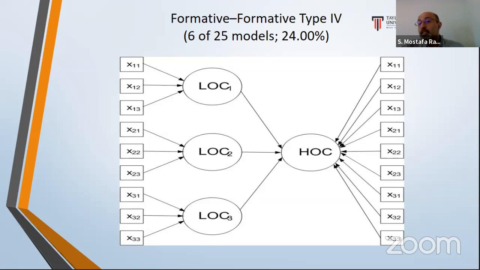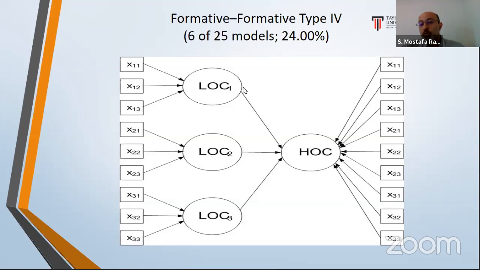But there's something to think about, food for our thinking. It seems it's possible to have different types of first order that establish, for example, formatively second order or reflectively second order, right? This can be possible, especially if we don't use the traditional repeated indicator approach.